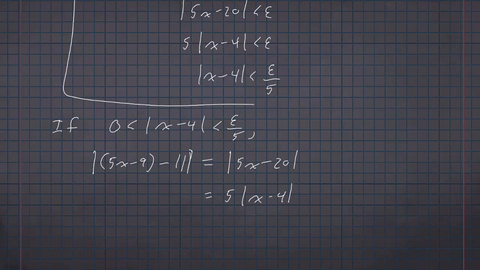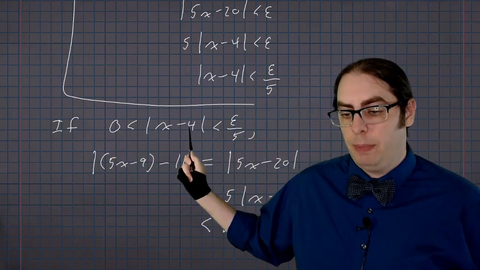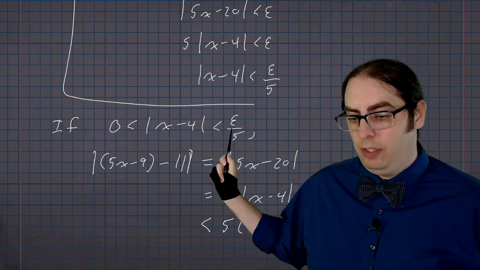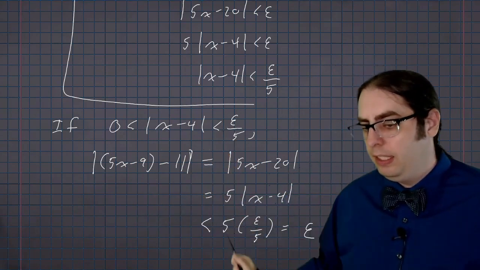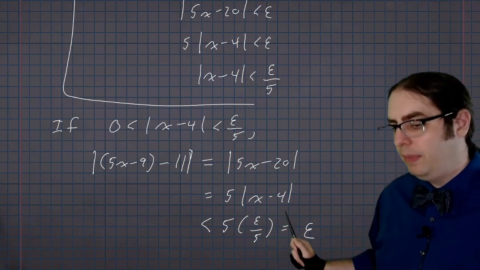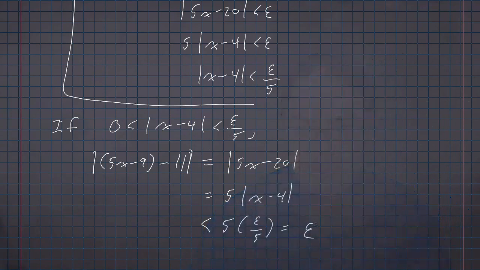So 5 times |x - 4| is less than 5 times epsilon over 5, which is equal to epsilon. So we end up with, whenever 0 is less than |x - c| is less than delta, |f(x) - L| is less than epsilon, which is exactly what the definition of a limit says.